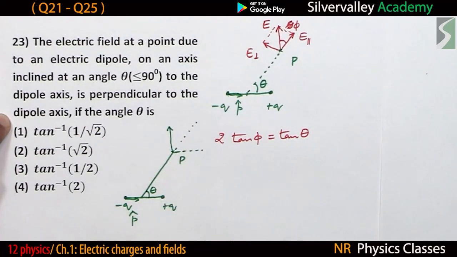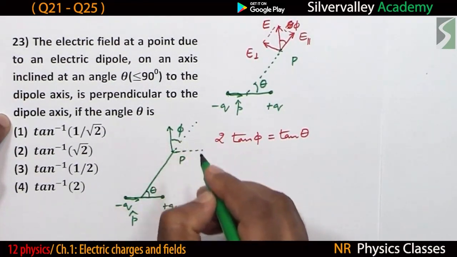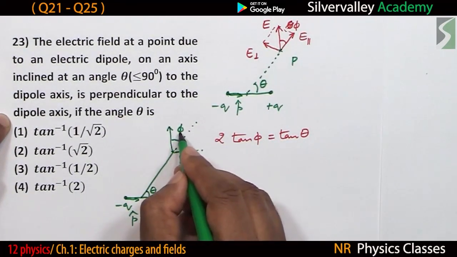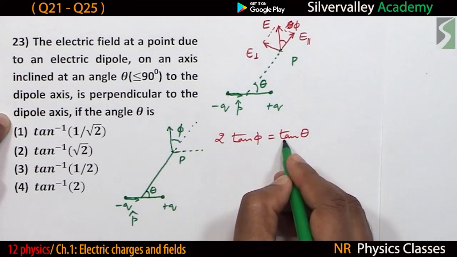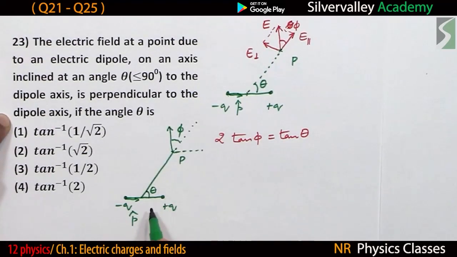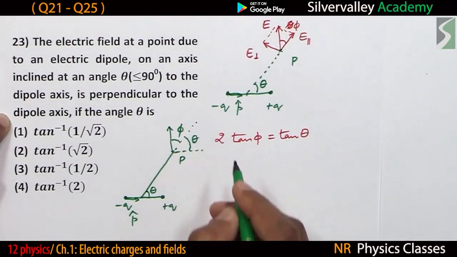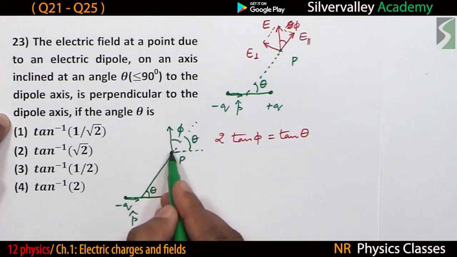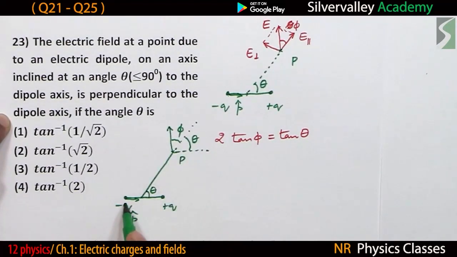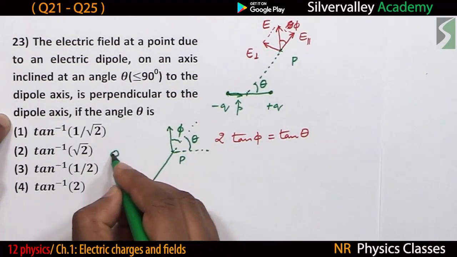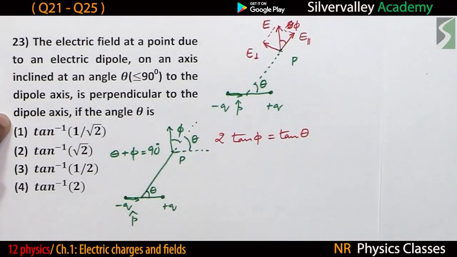These two by construction. And this angle we take as phi. So 2 times tan phi equal to tan theta. But observe, if this is theta, then this angle is also theta. So theta plus phi is 90 degrees. Make sure that this constructed line is parallel to the dipole. So theta plus phi equal to 90 degrees.